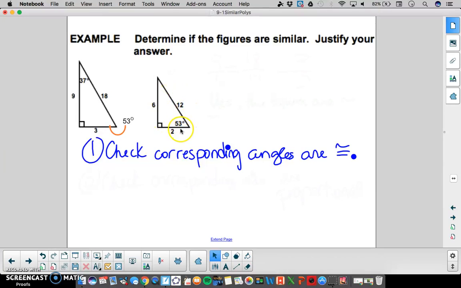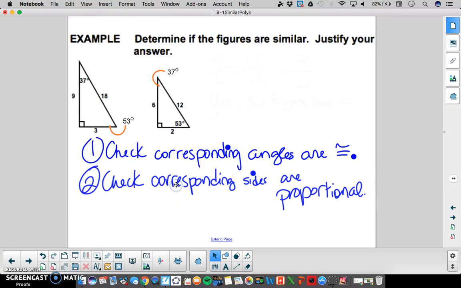On this triangle, we have 53 plus 90, subtract that from 180, and we get 37. Notice that 37 degrees and 37 degrees match and are congruent. 53 and 53 are corresponding and are congruent. So far we know that all of our corresponding angles are congruent.